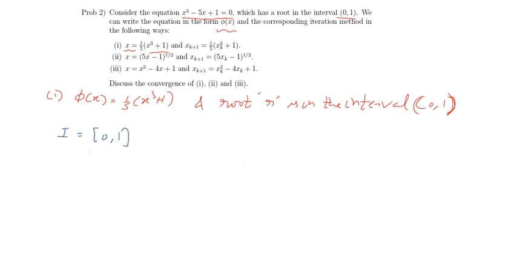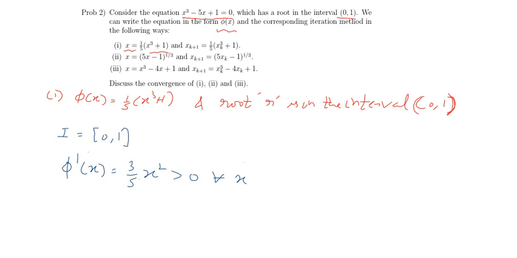Moreover, this function is increasing, because phi dash x remains positive for any value of x. If you perform the derivative test, phi dash of x is 3 by 5 x square, which is greater than 0 for every x. So this function is increasing over the interval 0 to 1.